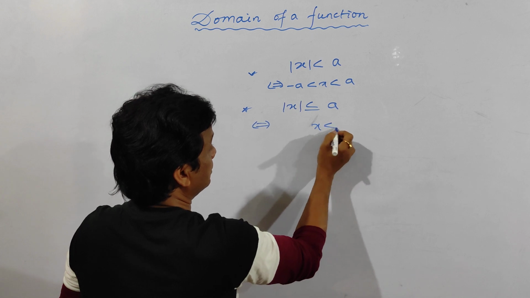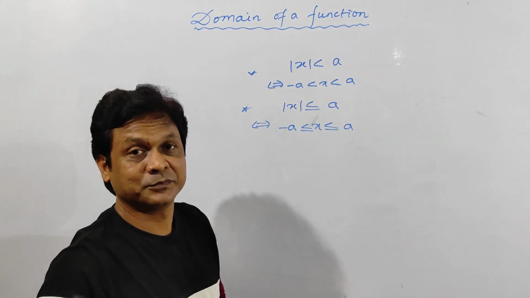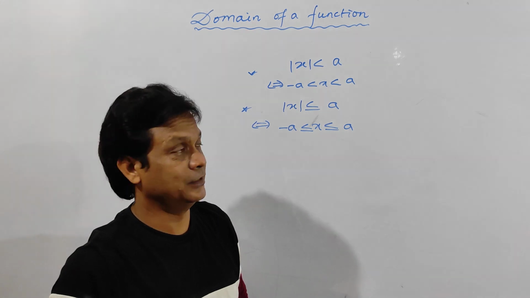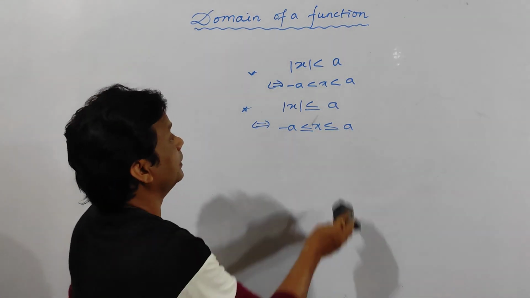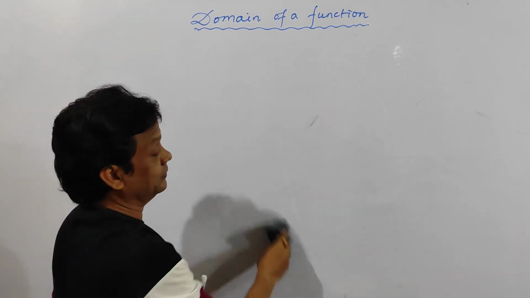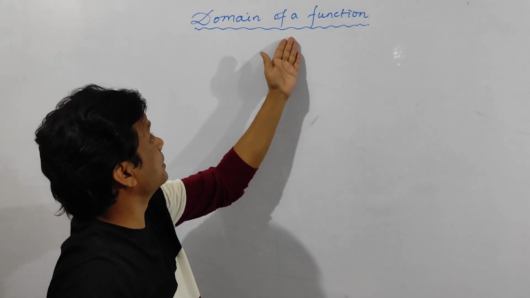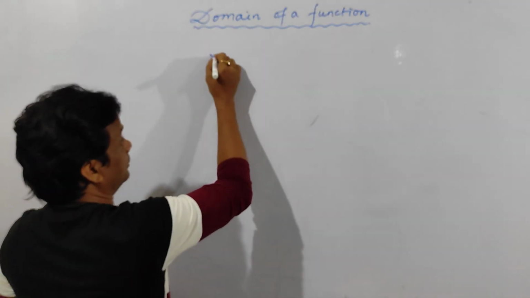That means x is less than or equal to a and greater than or equal to minus a. Clear? And you should remember these things. Okay. Now, our aim is how to find out the domain of a function. First point.